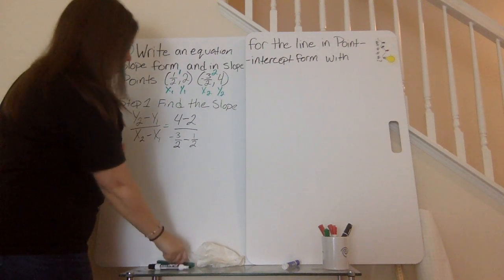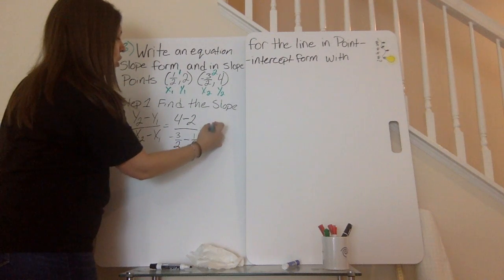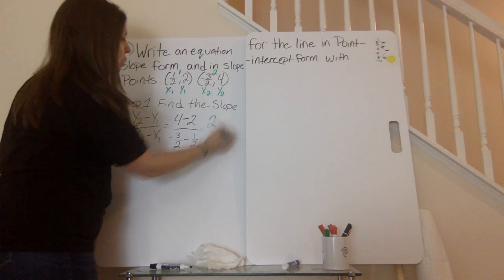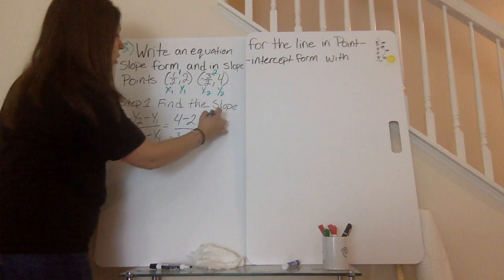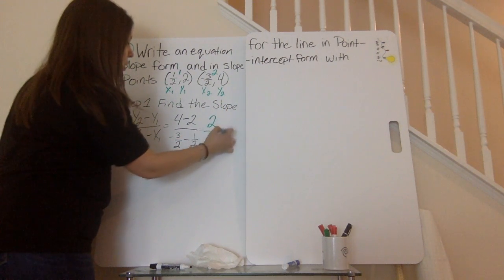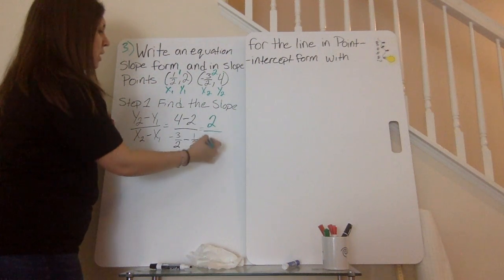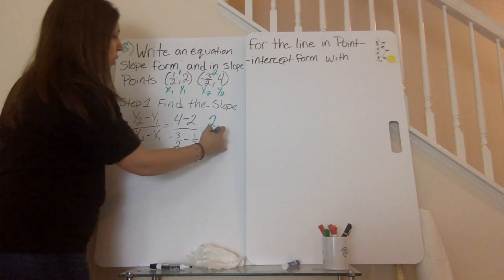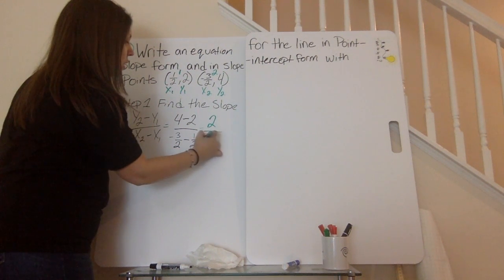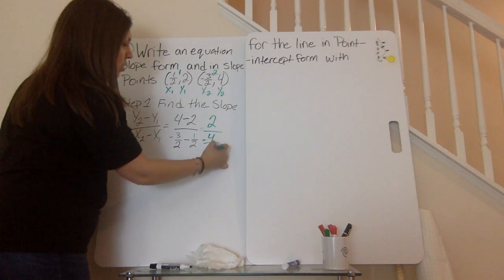We do each step one at a time. So I have 4 minus 2, which gives me a positive 2. Over 3 minus 1, same sign, add and keep. So 3 plus 1 is going to give me a 4. I'm going to keep that negative. Over, our denominators stay the same.